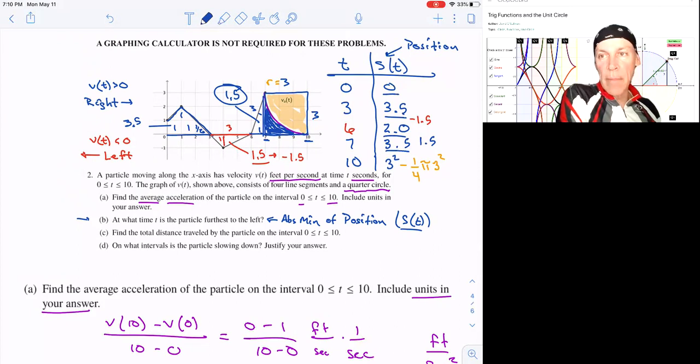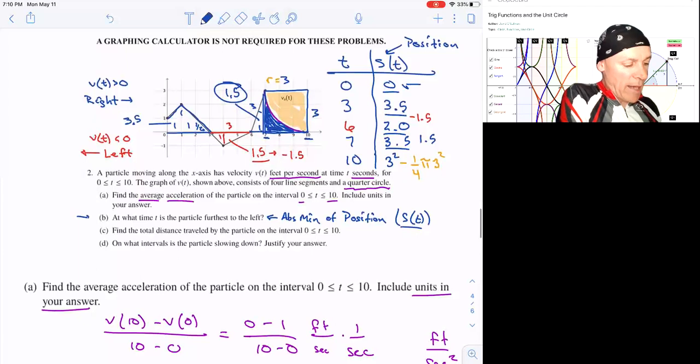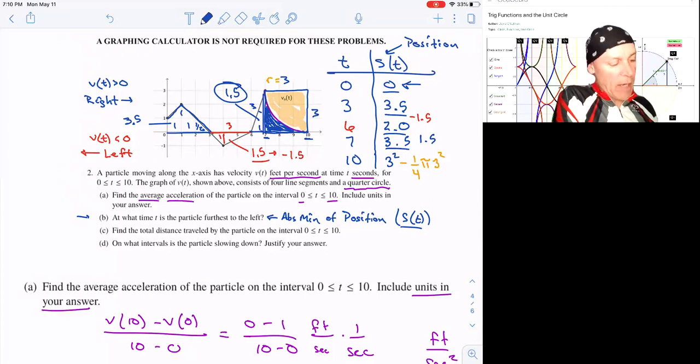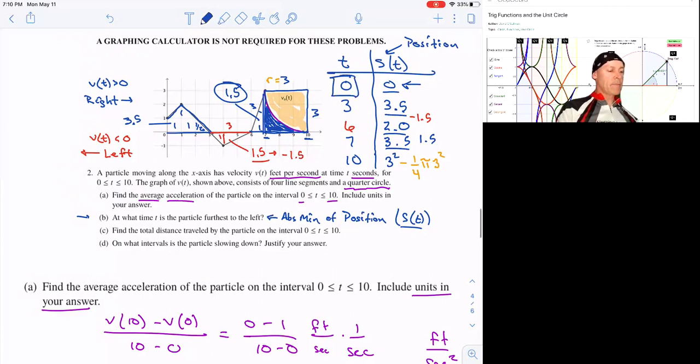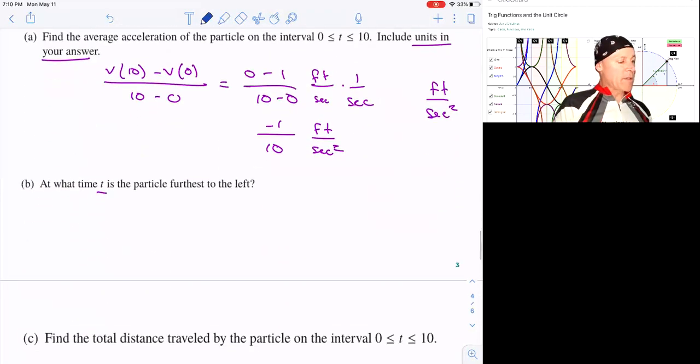Well, what's the minimum position, or the position where it's farthest to the left? It'd be that. And now what I want to know is what's the time when the particle is furthest to the left? Well, that's going to be at time 0. So I'm going to say at what time t is the particle furthest to the left?